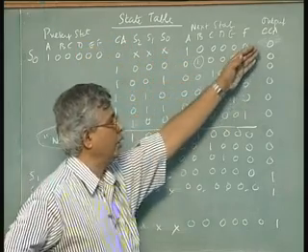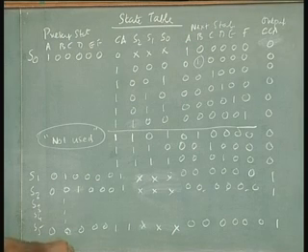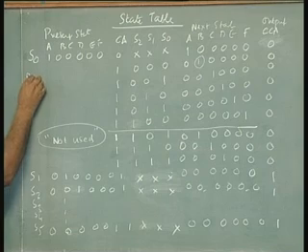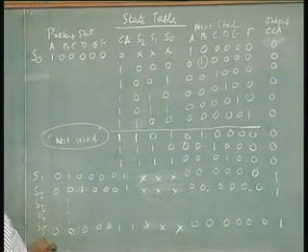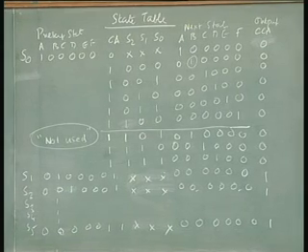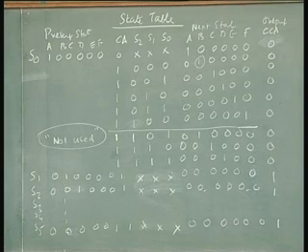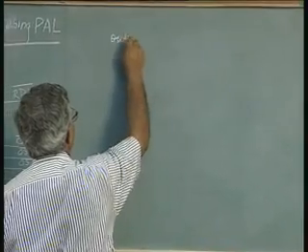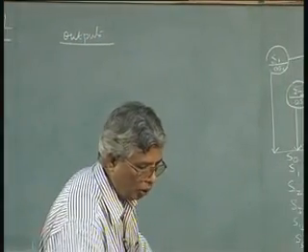The only output outside this is CCA, and of course ready is the same as A. I am skipping the state equations, you know how to do that.